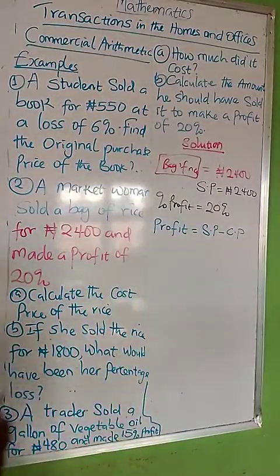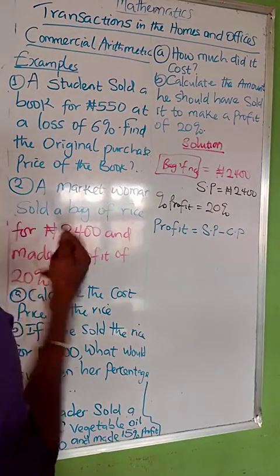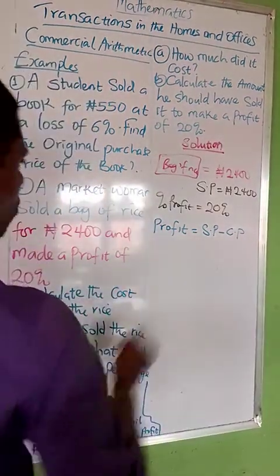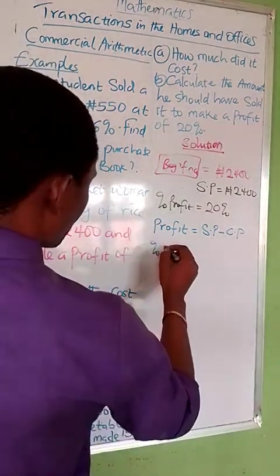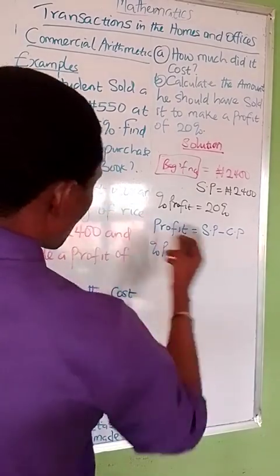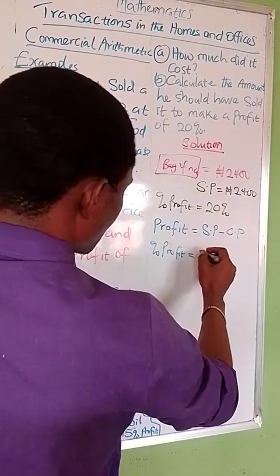There are some formulas that you need to know, right? So what's the percentage profit? Percentage profit equals selling price minus cost price. Remember, we're given the selling price.